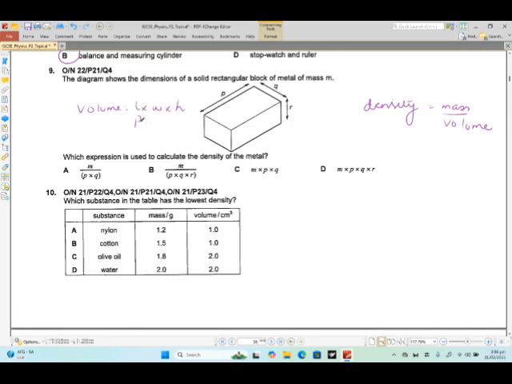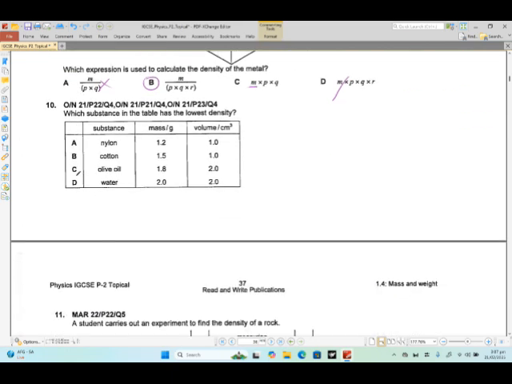So volume for this rectangular block of metal would be PQR. This option doesn't have R, so this can't be it. This option doesn't have R either, and it has to be divided by mass, and here also it should be a division sign. So A is the correct option.